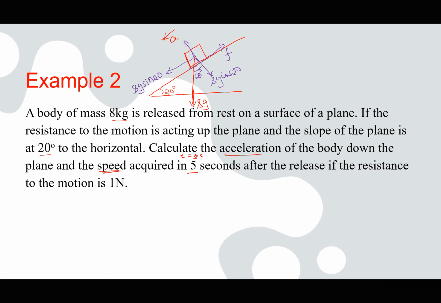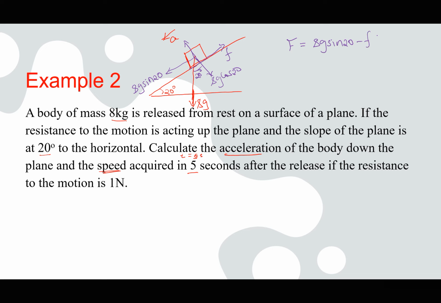So the resultant force F is given by Newton's second law. So the resultant force F is going to be equal to 8g sin 20 minus the frictional force.